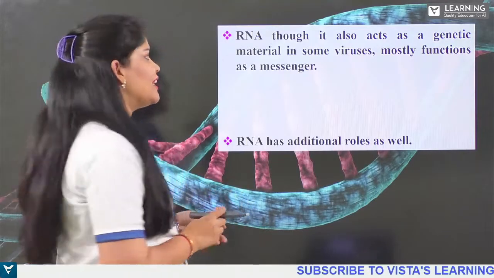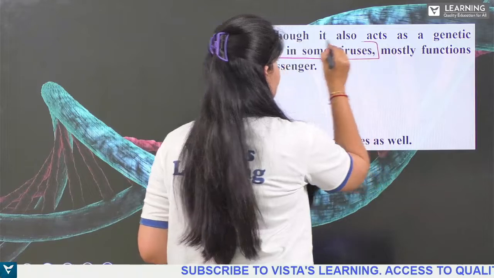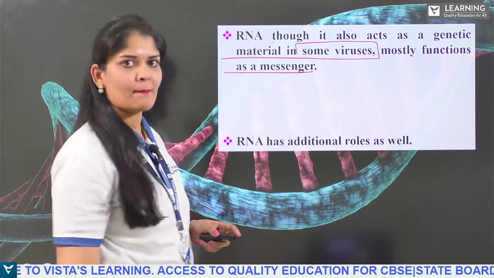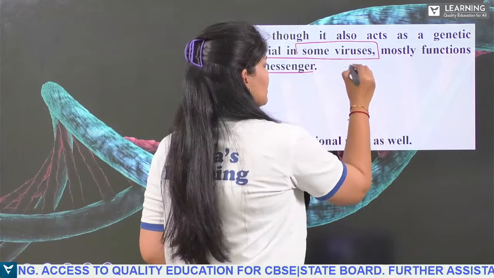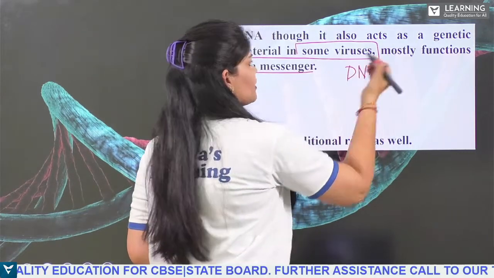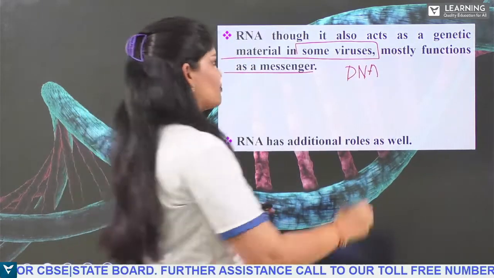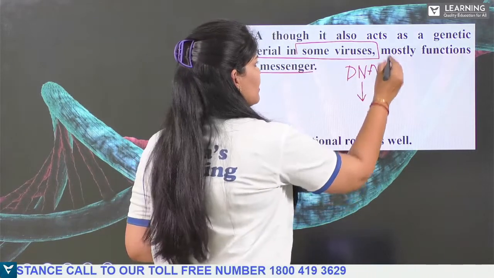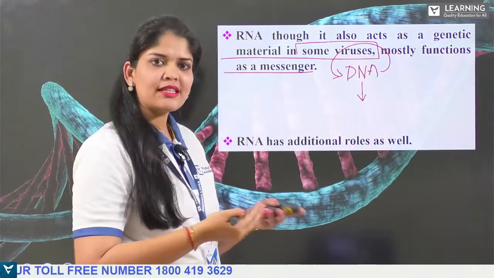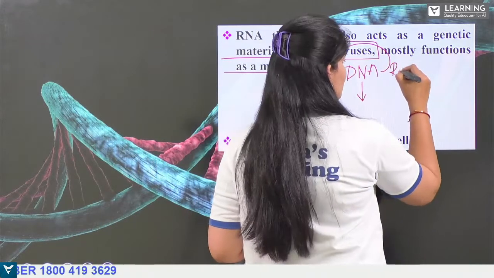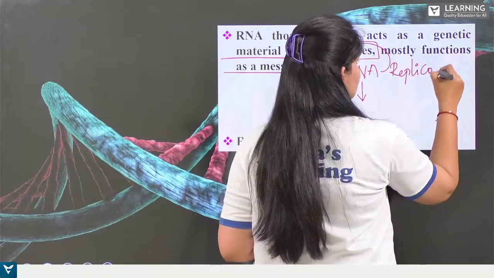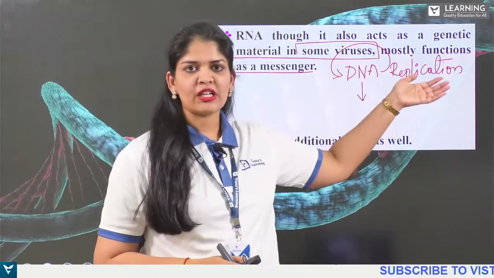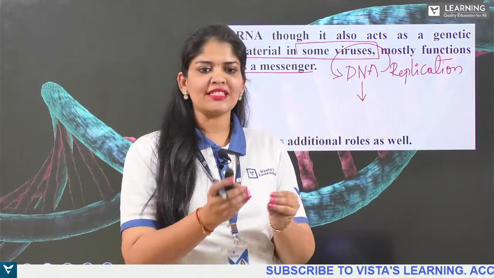Now, RNA, though it acts as a genetic material in some viruses, mostly functions as a messenger. See, if you look at the central dogma of molecular biology, DNA will produce its exact copy by the process called replication. Replication is a biological process by which the original DNA produces its daughter copies.